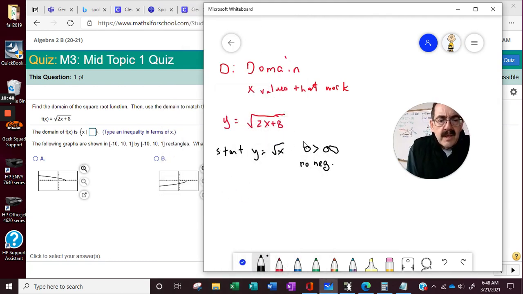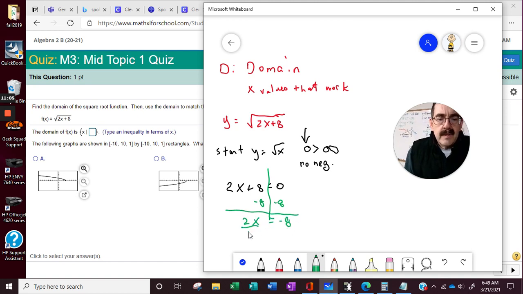So, if 0 is the key to success, 2x plus 8 equals 0. Draw your little fence. Subtract 8, subtract 8. 2x equals negative 8. Divide, divide. x equals negative 4. Okay?